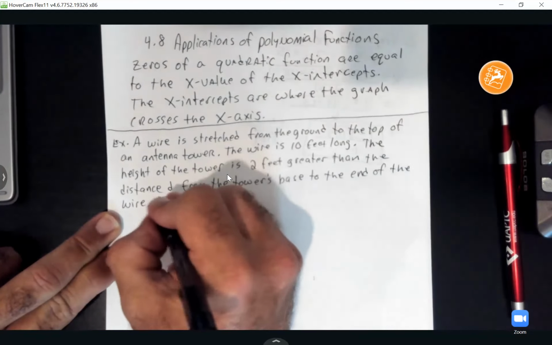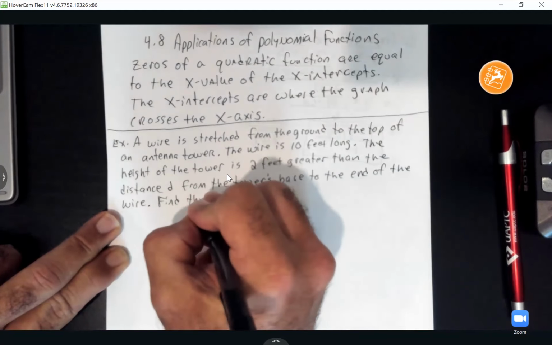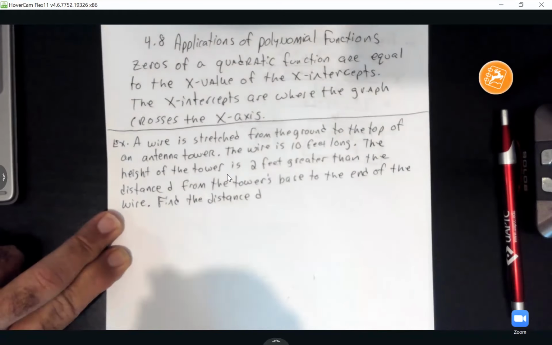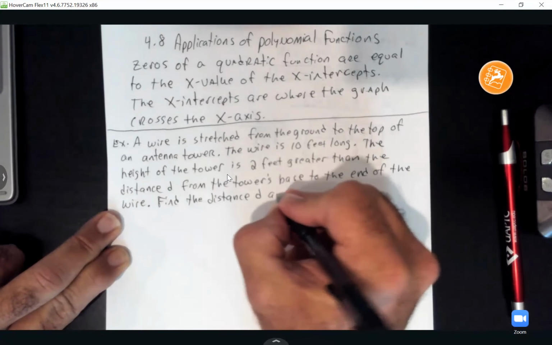Then it says find the distance D and the height of the tower.